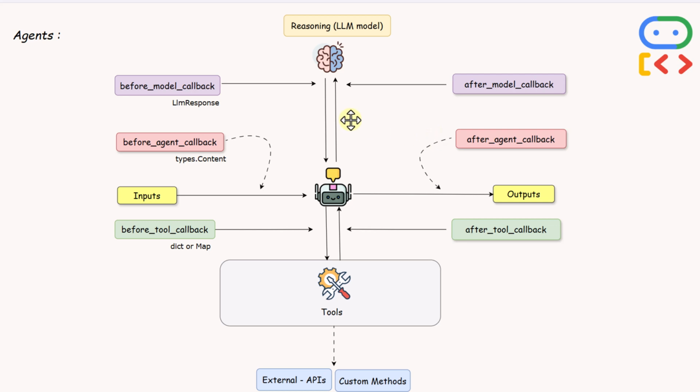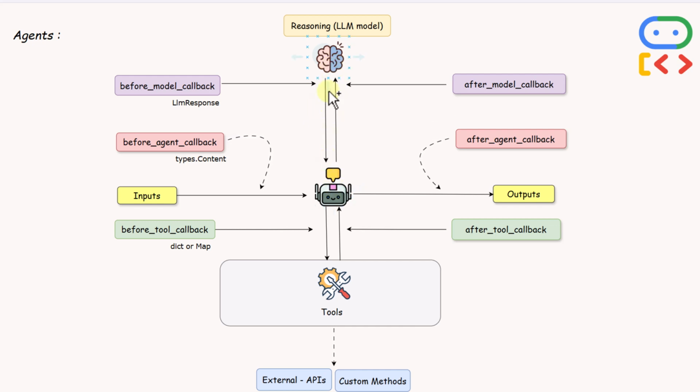After that, we have the model callbacks. Every time the agent has to do something, the reasoning capability comes from the LLM model. The LLM model is just like a brain for that particular agent. So if the agent has to do something, it will heavily rely on the LLM model, and that's where the second callback comes into the picture, between the agent and the model.